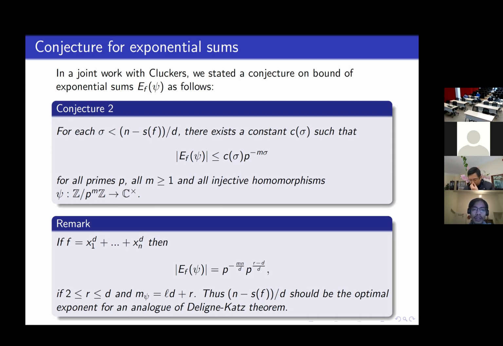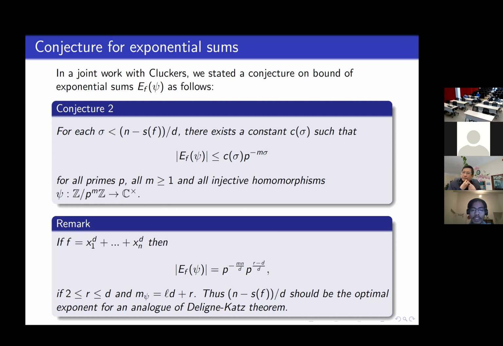And here we remark that in an example, if f equals x_1^d plus ... plus x_n^d, then we have a trivial calculation that E_f(psi) equals p^(m n) over d times p^(r) minus d over d, if 2 is less than r less than d and m(psi) is equivalent to r modulo d.